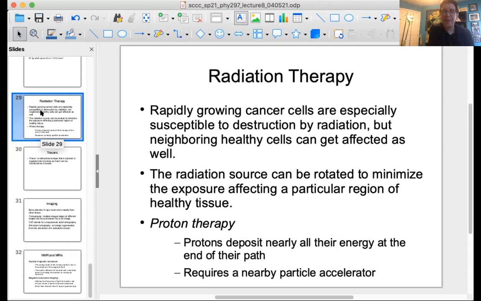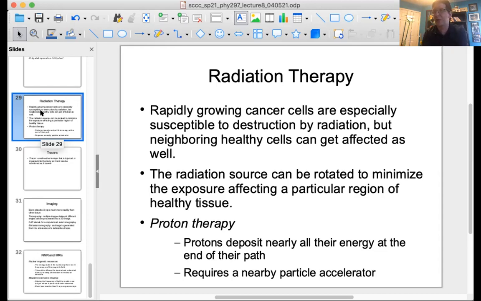Sometimes you have a beam and you can move the source of the beam, maintaining the location that it's aiming at. Obviously it's probably going to have to go through some tissue to get to that location, but you move the beam around so that one particular spot of healthy tissue is not getting all the incident radiation.